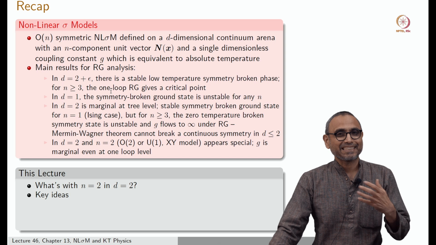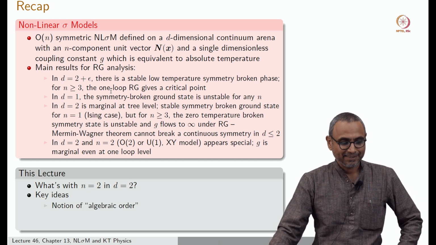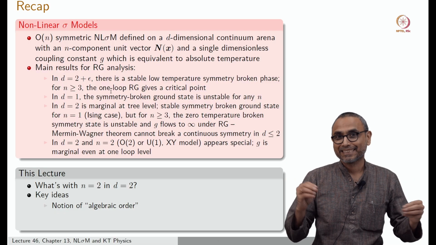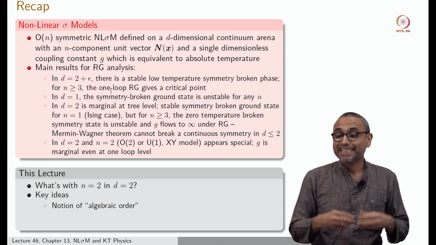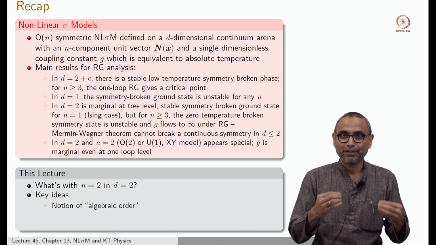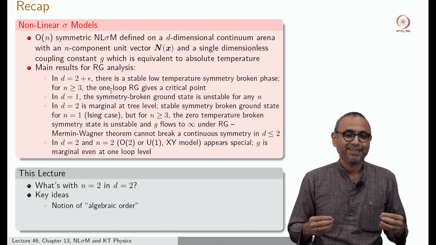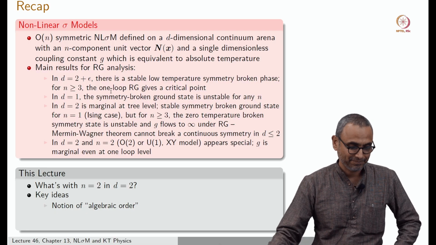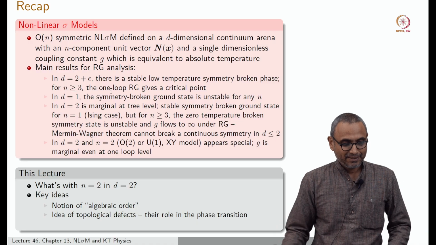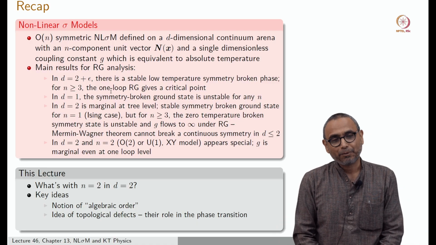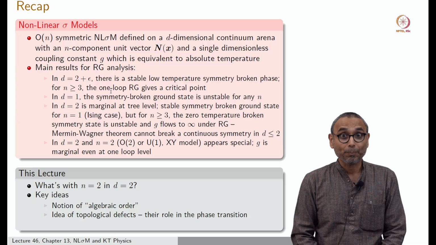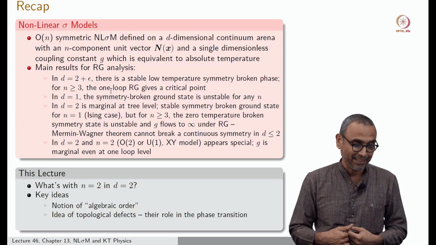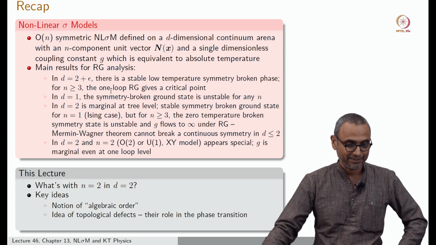So the main ideas that you will want to take away from this lecture is that in addition to all the different things that we have studied, it turns out that there is one more kind of phase of matter, if you wish, called algebraically ordered system. Okay, so we will see what that means. The other important thing is the idea of what are called topological defects, and how topological defects can give rise to interesting phase transitions.